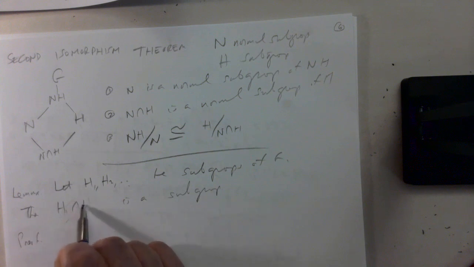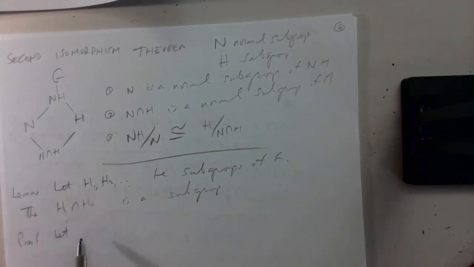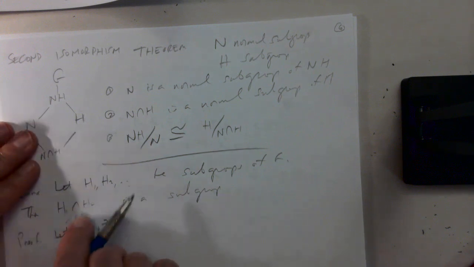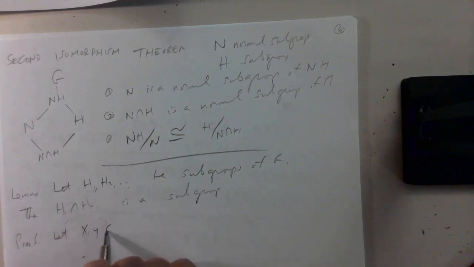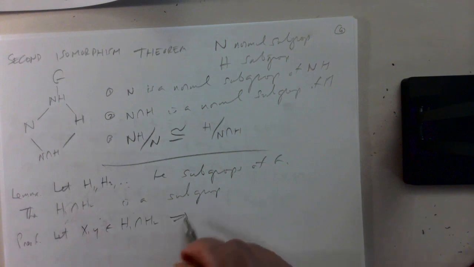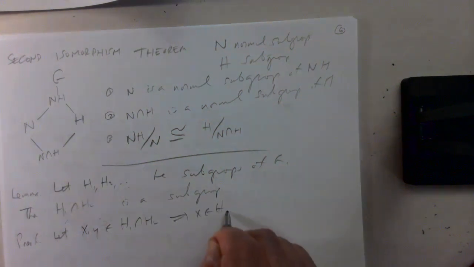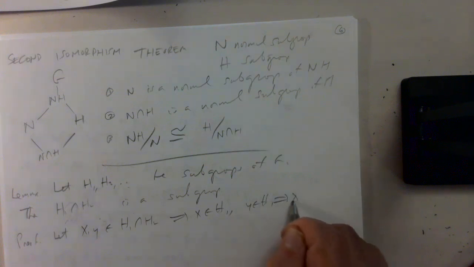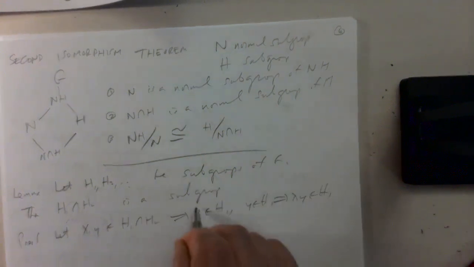H1 intersect H2. So suppose x and y are in the intersection. That means x is in H1, y is in H1, so xy is in H1.